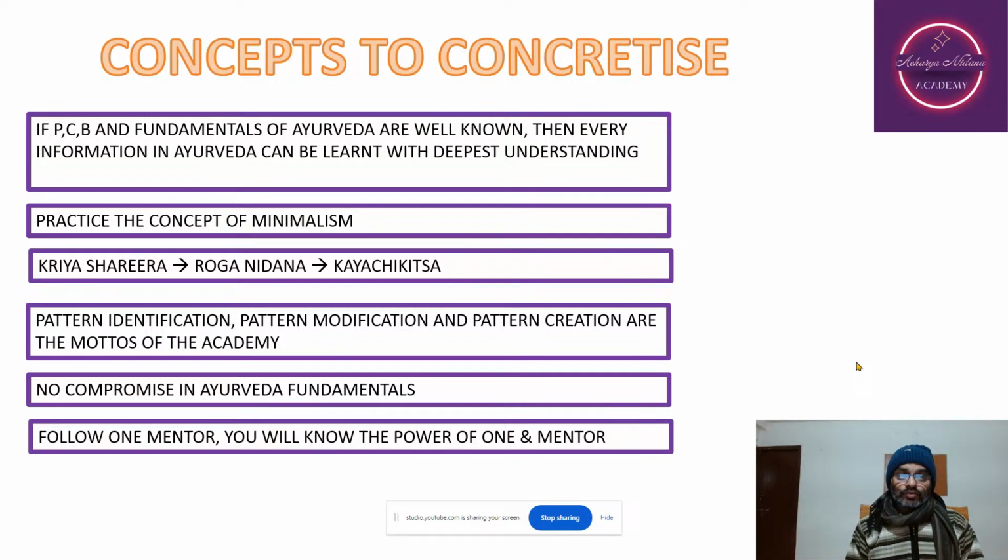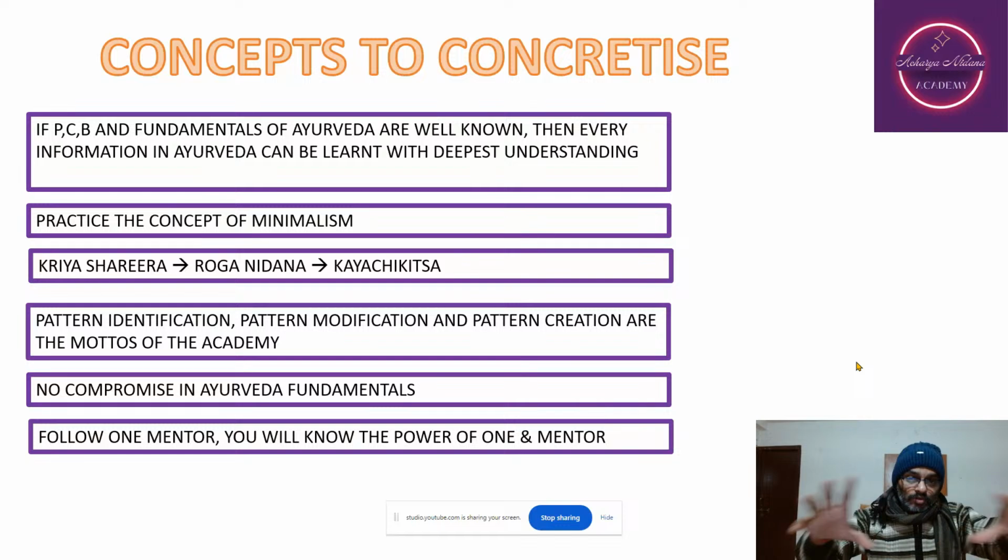For example, we are going to learn the concept of dosha. We can look at it from the Rachana Sharira point of view, the Kriya Sharira point of view, the Roga Nidana point of view, the Samhita Siddhanta point of view, the Rasashastra Bhaishajya point of view, the Dravyaguna point of view, Agada Tantra, Kaya Chikitsa, Shalya Tantra, Shalakya Tantra.